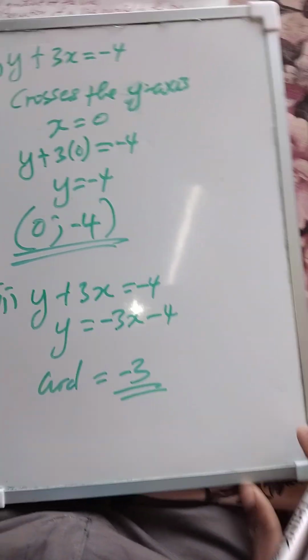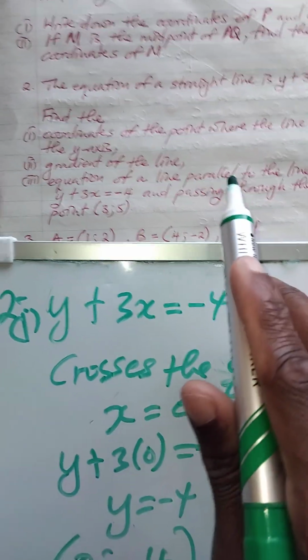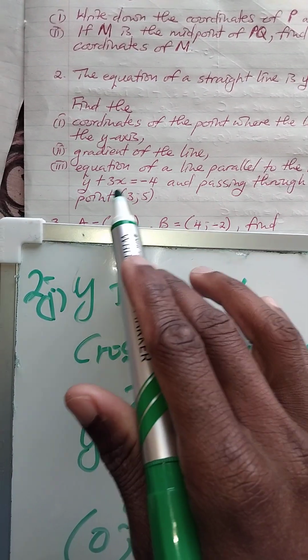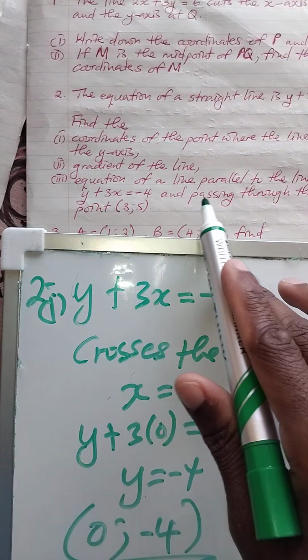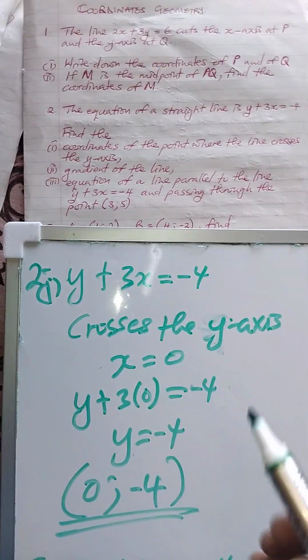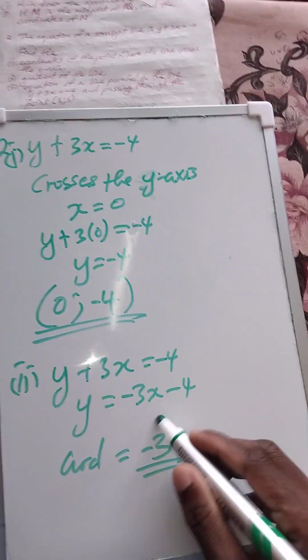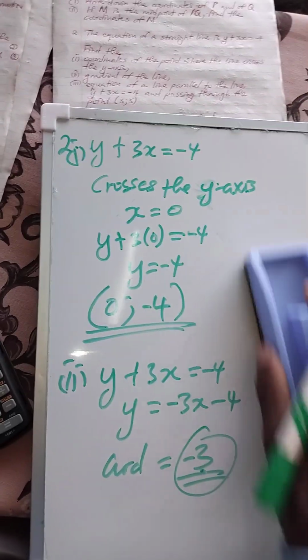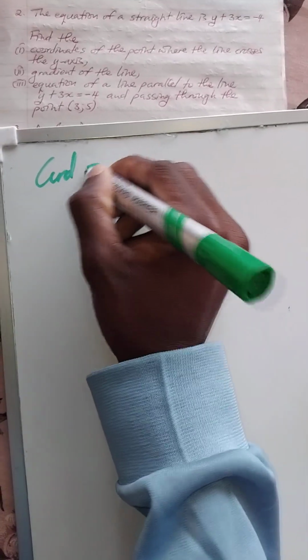Simple. Then the equation of a line parallel to the line y plus 3x is equal to negative 4 and passing through the point (3, 5). Since they are parallel, they have the same gradients. So our gradient is negative 3.